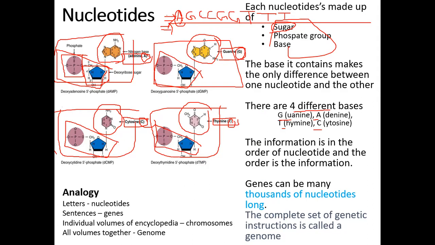Okay, so these genes may be thousands of nucleotides long, and the length and the order of these nucleotides would make these genes. Okay, so genes may be many thousands of nucleotides long.